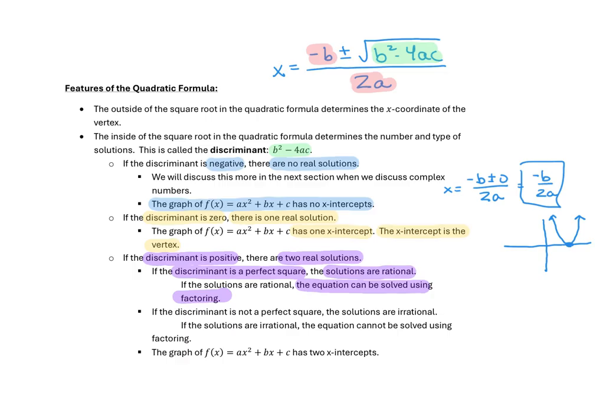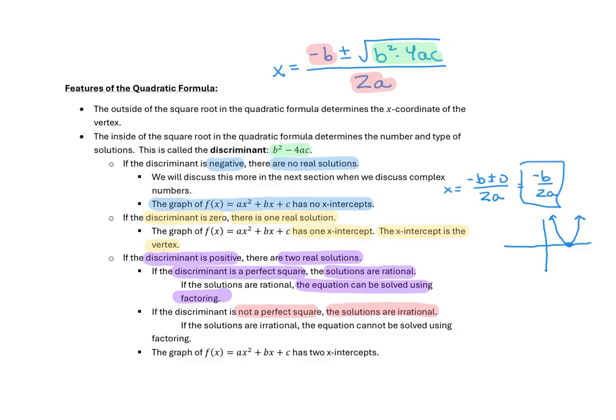If the discriminant is not a perfect square, then we have irrational solutions. We get things like negative 5 plus or minus the square root of 7. These are still real numbers, they just are not nice real numbers. If they are irrational, then the equation cannot be solved using factoring.